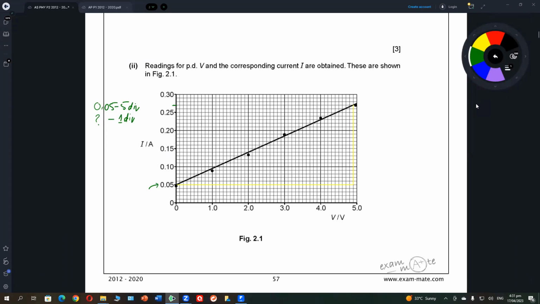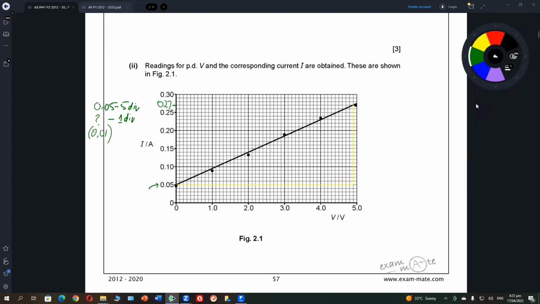So it means 0.25, 0.26, 0.27. It means 0.27. So I have now the numbers.